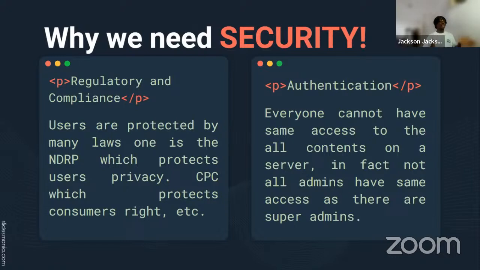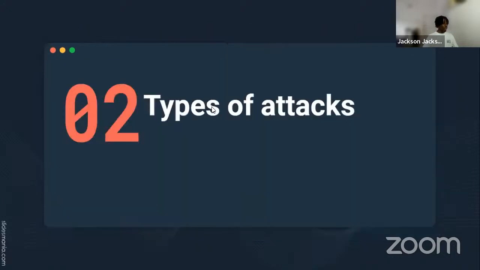They might be able to read data, but they would not be able to change data except you set in this permission. So that's another reason why we need authentication, because you do not want every person using your application to have access to every single piece of data on your application.